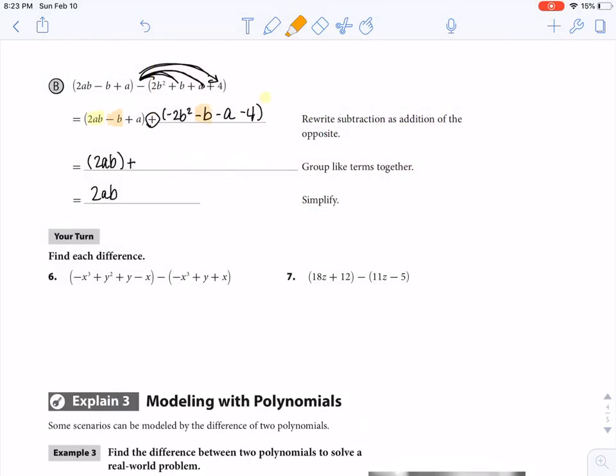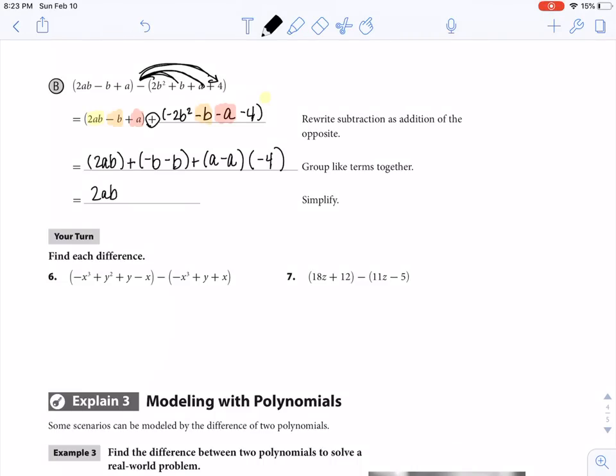So if I have any b terms, I'm going to put those together. And so I'm going to rewrite that. So I have negative b minus b. And then I'm going to continue and look for like terms. And now I have an a, and I have an a here. And so I'm going to put those together. So plus a minus a. And my last group is actually going to be negative 4. And I don't have anything that I can combine that with. And so I know that negative 4 will be part of my answer.